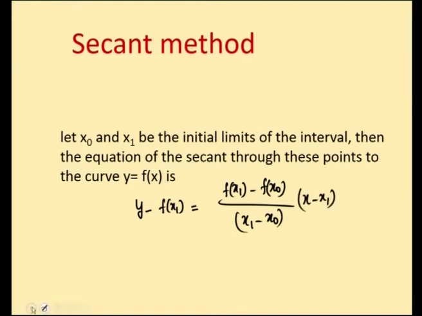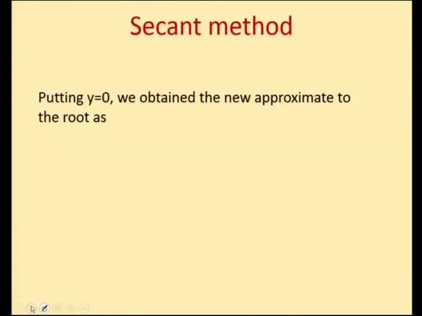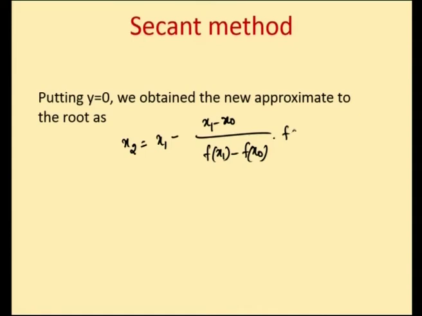Putting y is equal to 0, we obtain the new approximation for the root as x2 is equal to x1 minus x0 divided by f of x1 minus f of x0 into f of x1.